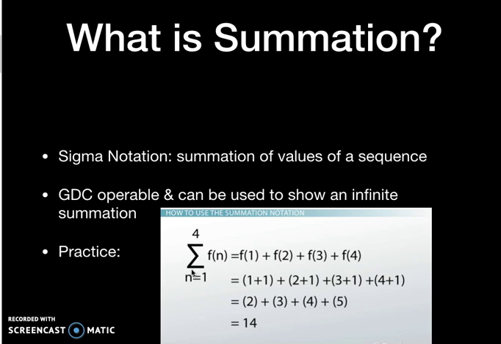It tells you how sigma categorizes values that way. So when you represent a sum of values in this form, you are using sigma notation.